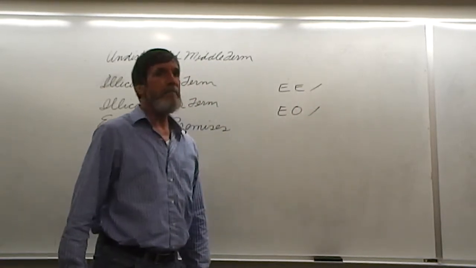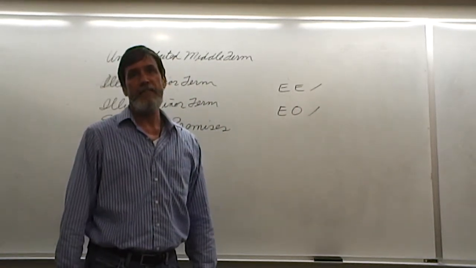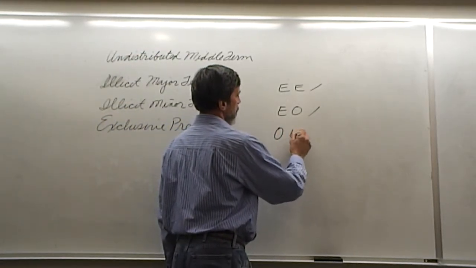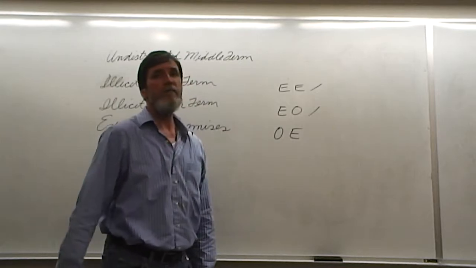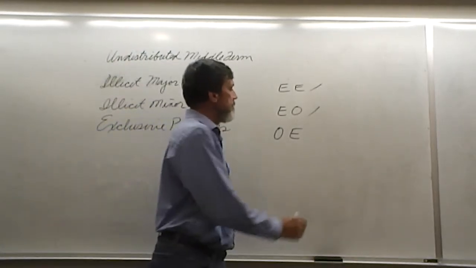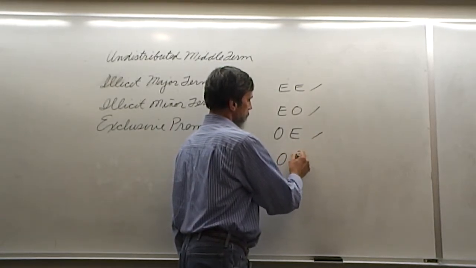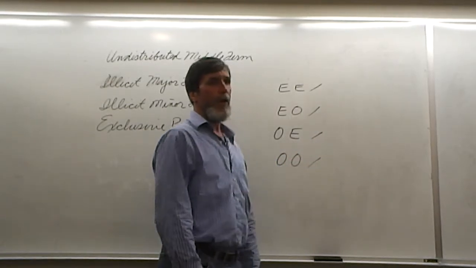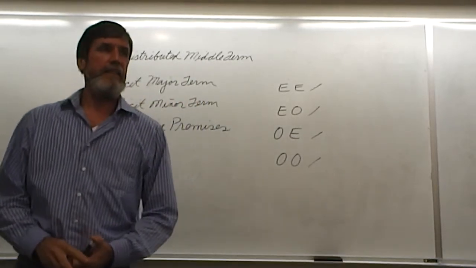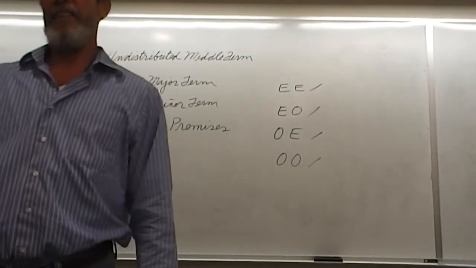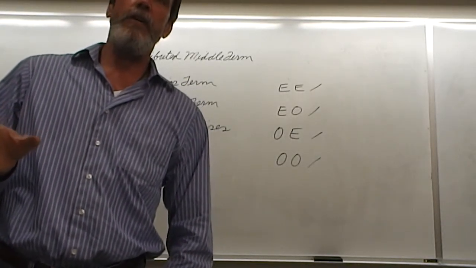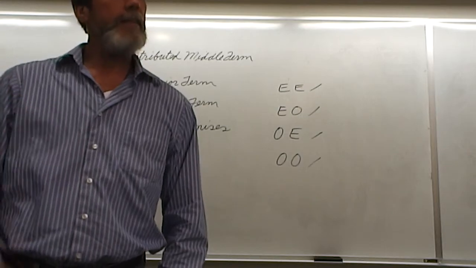Major premise is an E, minor premise is an O. They're both negative. That's all you need to know. Major premise is an O, minor premise is an E. That's it, negative premises. Both O's, both negative, this fallacy. So you just have to know the quality of your propositions, any combination of E or O. That's all you have to detect.